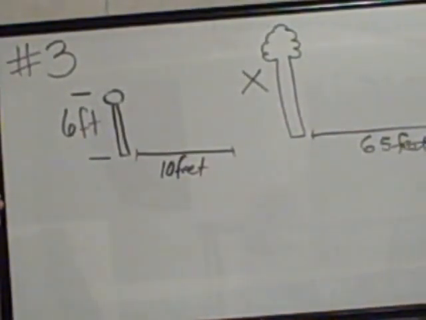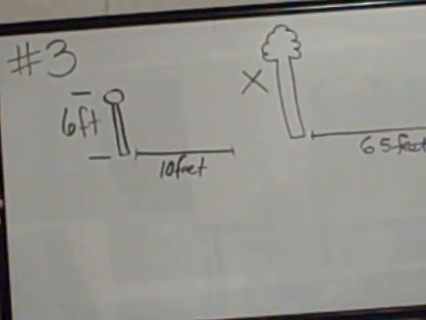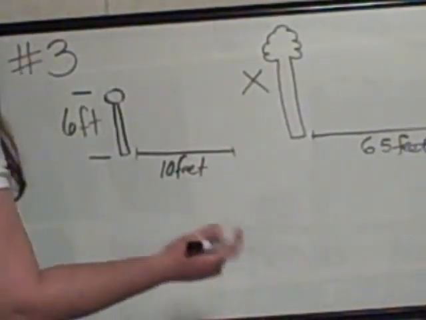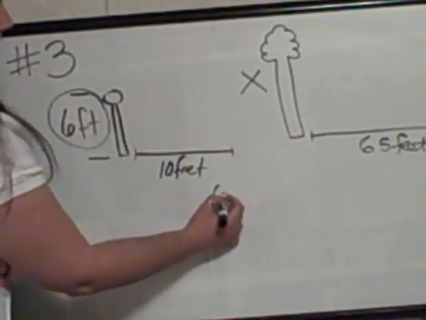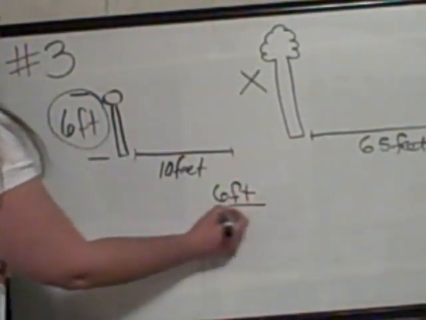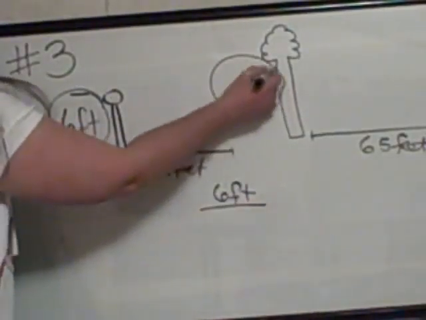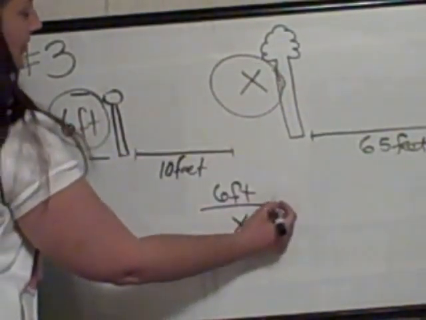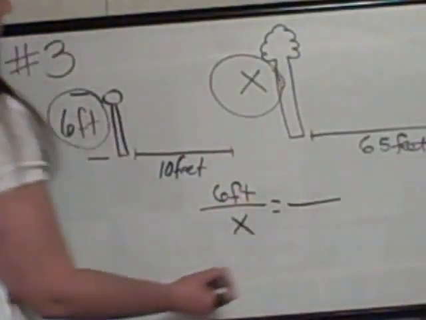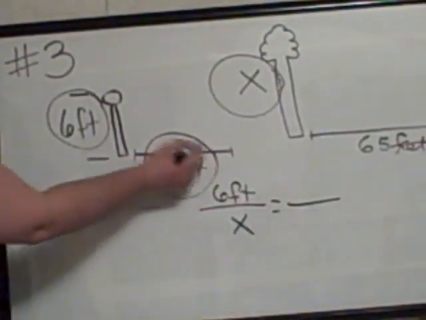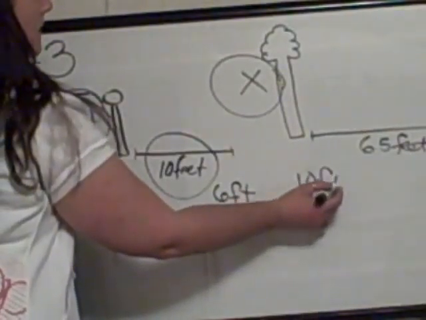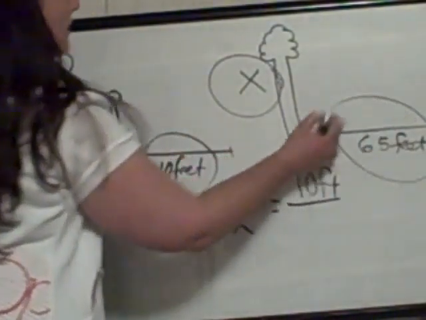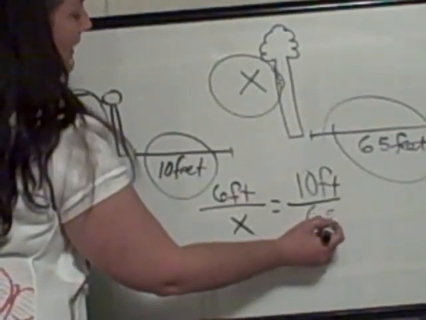We solve this problem by setting up proportions again. We take the actual height of the pole, which is 6 feet, and put it over the actual height of the tree, which is x. We set that equal to the shadow of the pole, which is 10 feet, over the shadow of the tree, which is 65 feet.